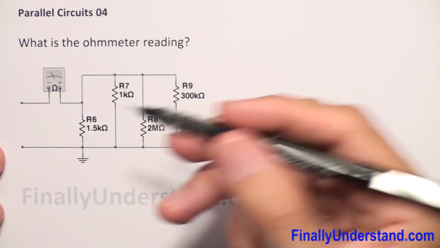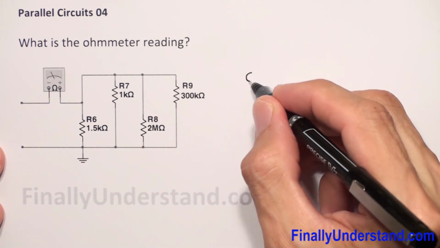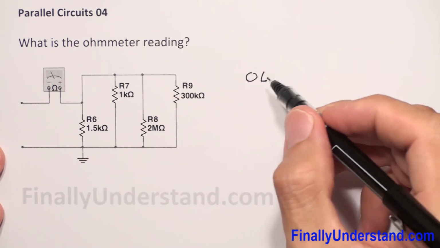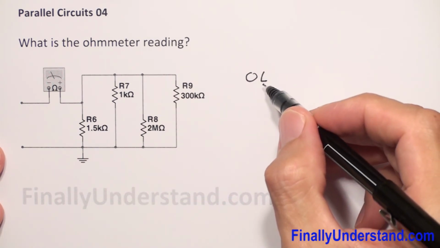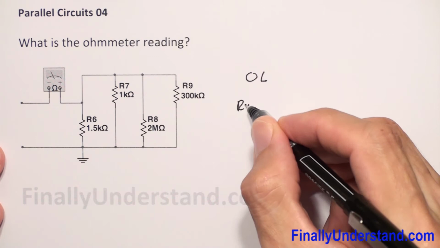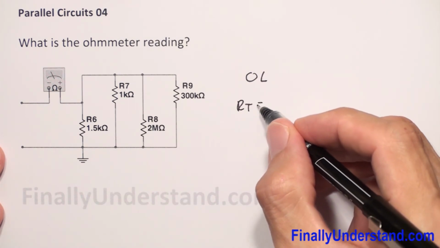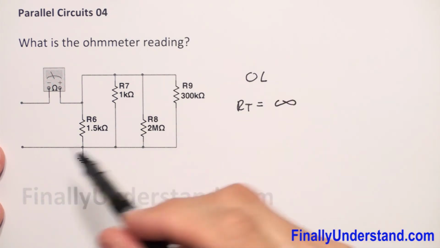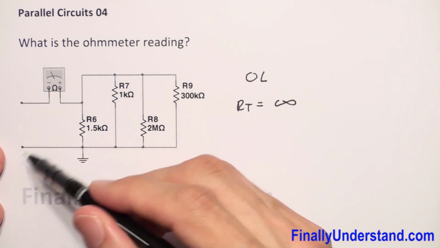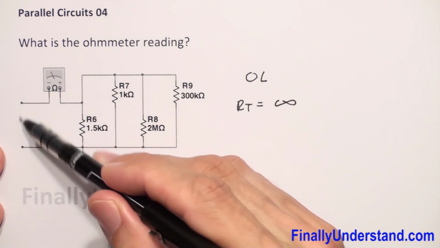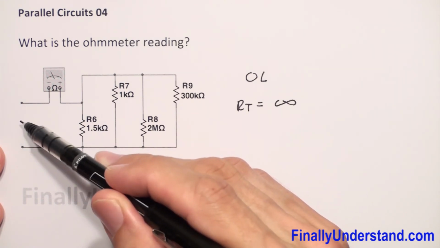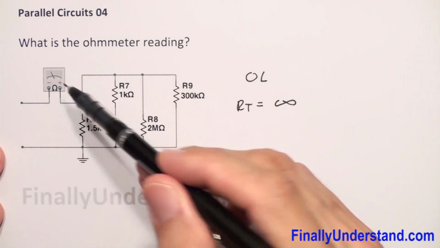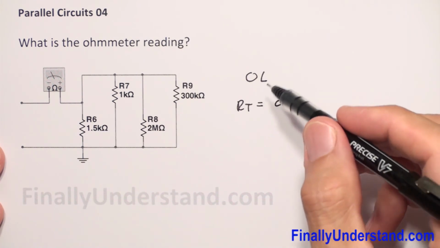The reading probably is going to look like this, OL, which stands for open loop. It means that the total resistance of this circuit is infinite, okay, because the circuit is open. When the circuit is open, there is very large resistance, okay, so the meter is going to see this like an open loop.